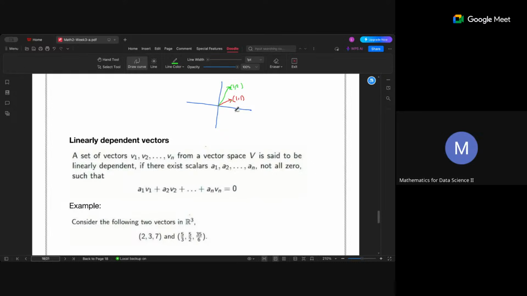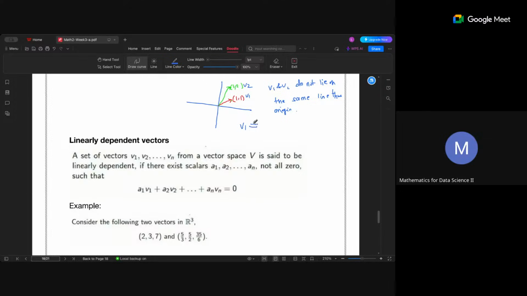Now these two vectors, are they lying on the same line or on different lines? Different lines. Okay, first observation: v1 and v2 do not lie on the same line through the origin.